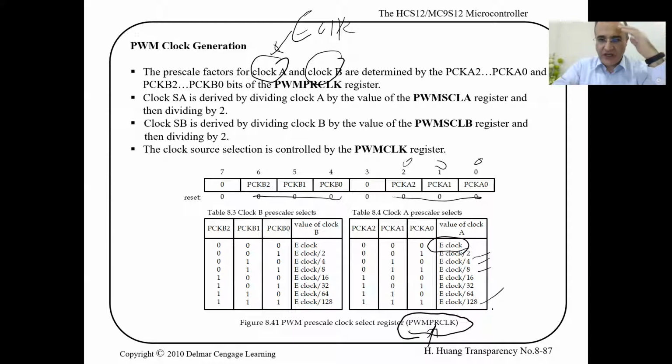So the slowest clock speed for clock A is what? Well, it depends on the E clock.